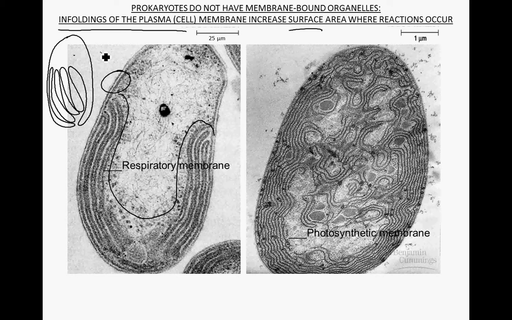The prokaryotes are doing it just across their cell membrane. So we see that for respiratory mechanisms, as well as photosynthetic mechanisms, as well as gene expression mechanisms. So these membranes are critically important to many life processes.